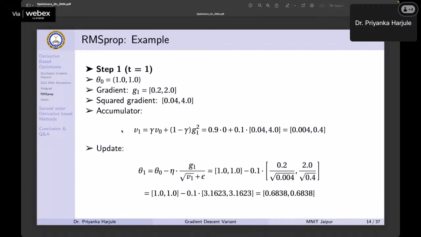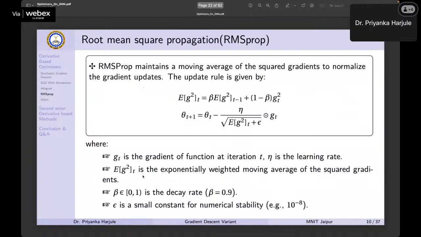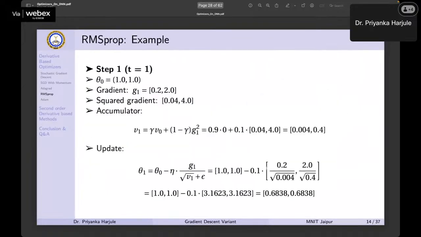This is the exponential moving average, and now we make use of the final update rule of RMSprop, which is given by this. So this is giving us the update to be (0.6838, 0.6838) for the time step t equal to 1.